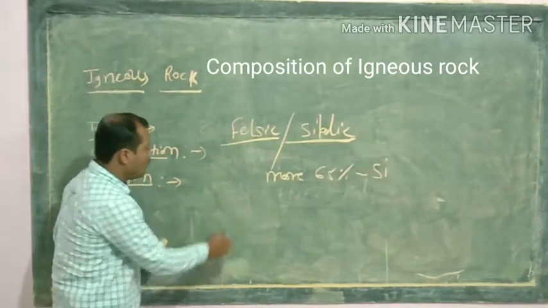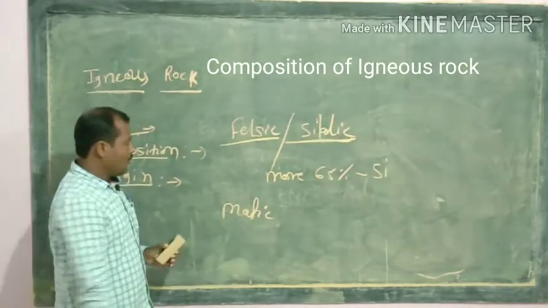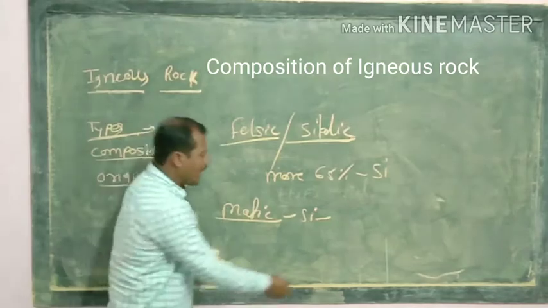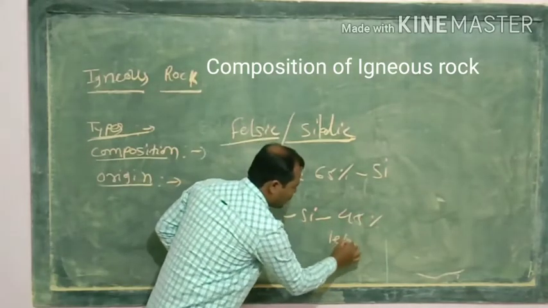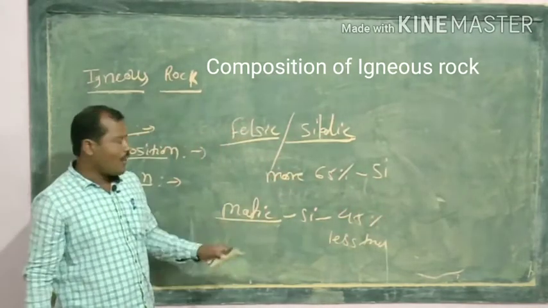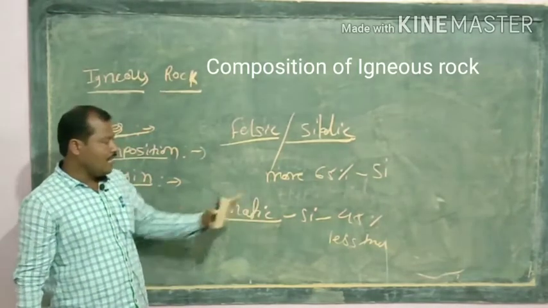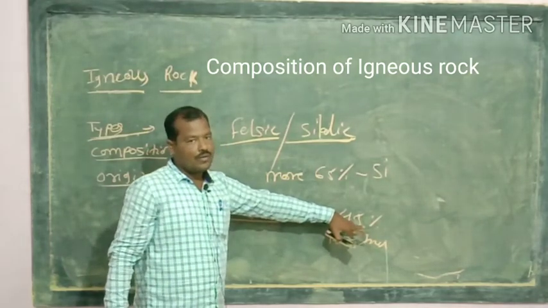The next one is the mafic rock. In mafic, the silica percentage is less than 45%. While in the intermediate magma, the percentage is between 65 and 45.